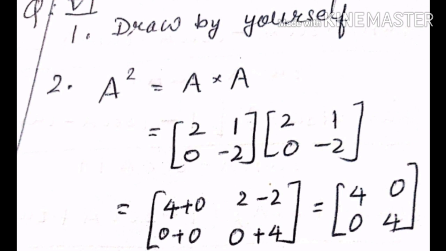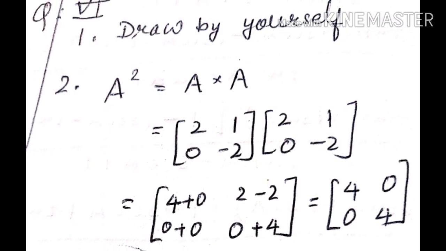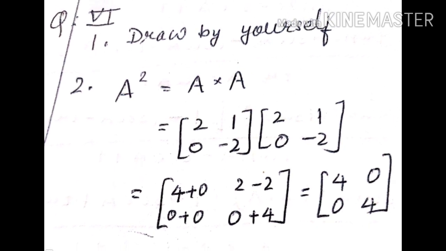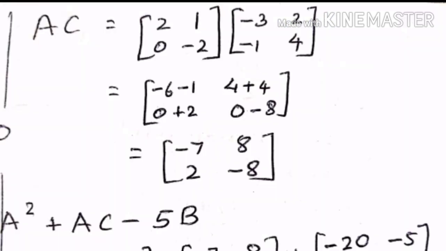Similarly, now I take AC, that is the multiplication of matrix A and C. Then we get the AC value, and then we take the addition with minus 5B. So you can see this is our AC multiplication.